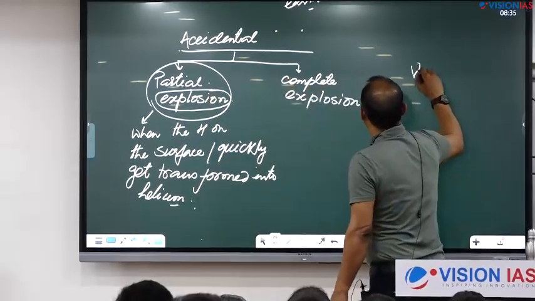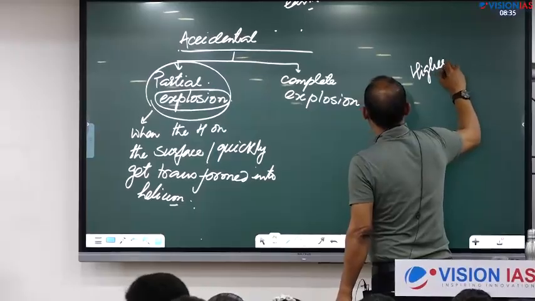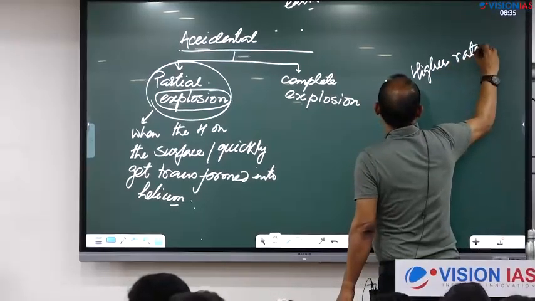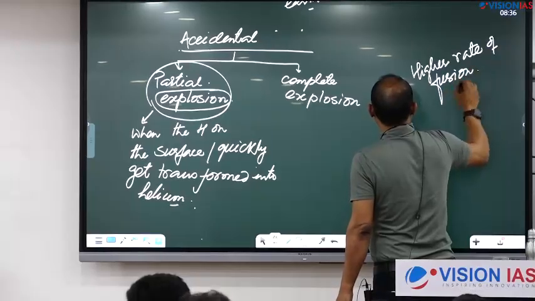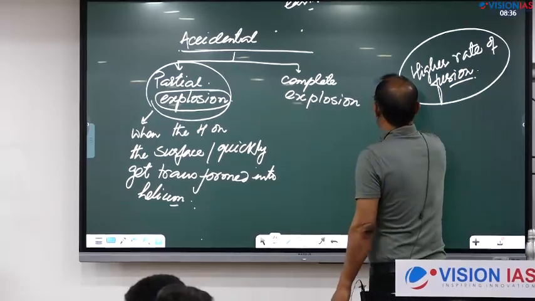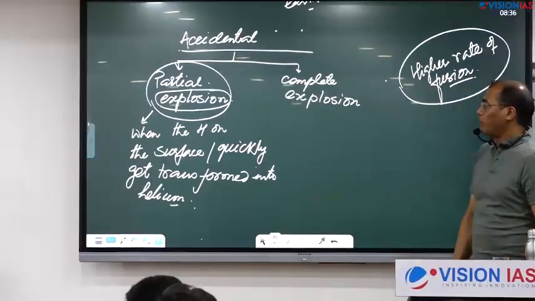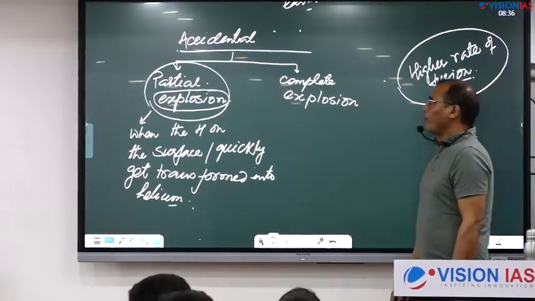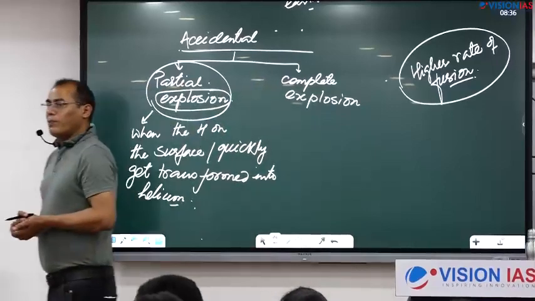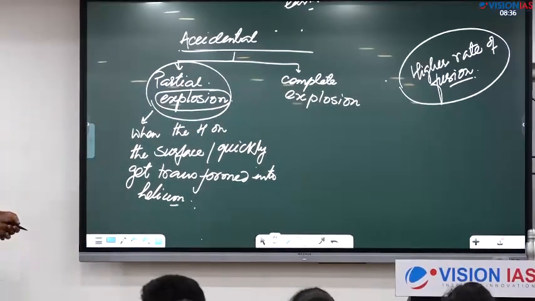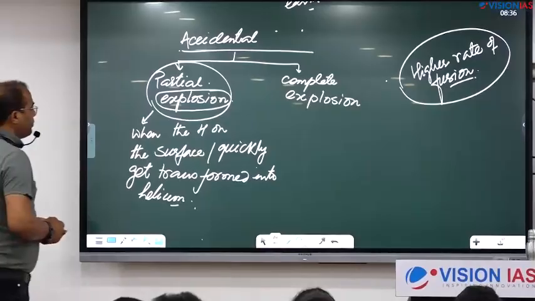Explosion means higher rate of fusion. Explosion in a star means a much higher rate of fusion than normal, that is, higher rate of conversion of hydrogen into helium.